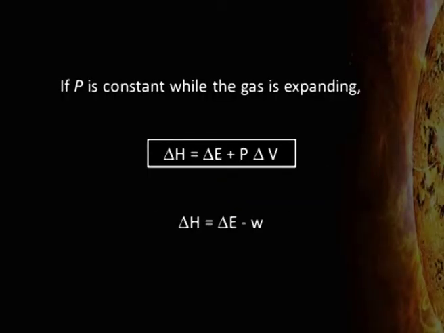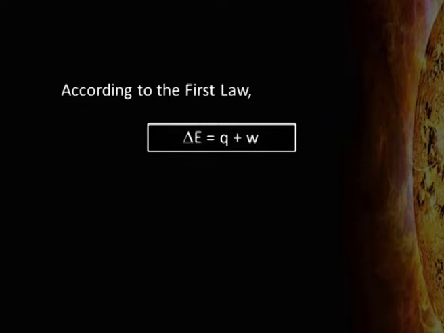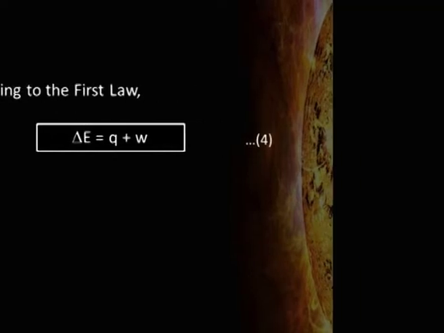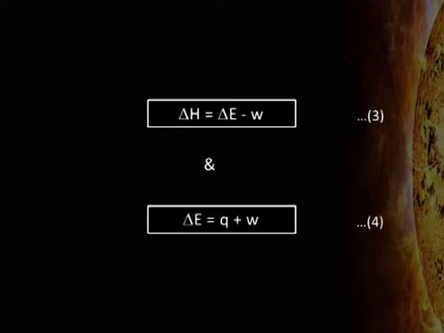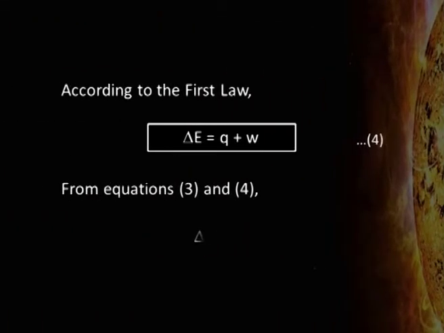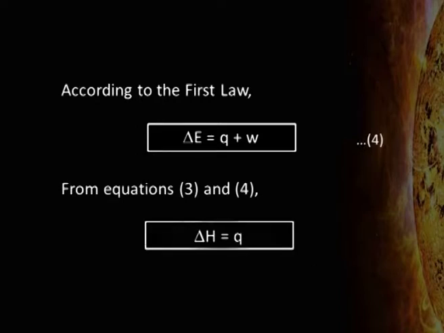As W equal to minus P delta V, putting the value of P delta V in this equation, we can get delta H equal to delta E minus W. According to the first law of thermodynamics, delta E equal to Q plus W, and equating equation number 3 and equation number 4, we will get delta H equal to Q at constant pressure.